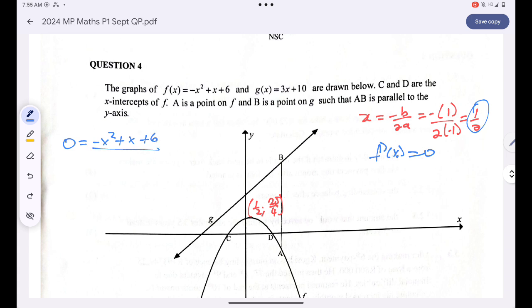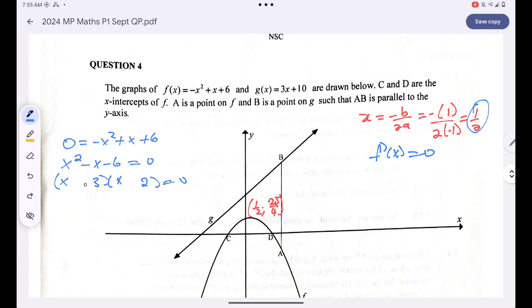I can take this to the other side so that the x squared will be positive. I'll end up having x squared minus x minus 6 is equal to 0. I'm looking for the factors of 6 that, when I subtract, will give me 1. And those are 3 and 2.